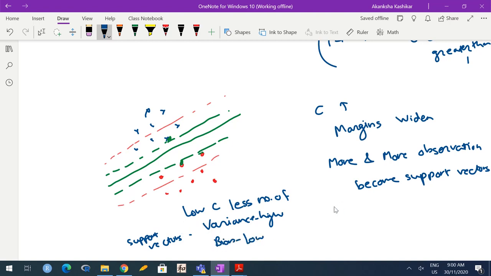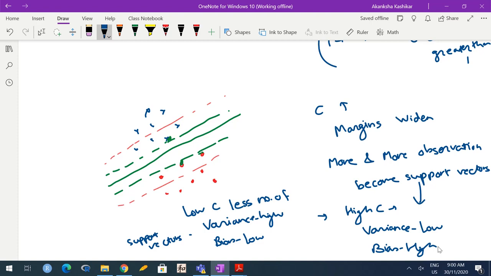On the other hand, if my C is high, then I have more observations which become support vectors. So changing one or two may not affect my final equation that much. So variance is low and bias is high, because now you are allowing too many misclassifications. Hence, C acts like usual tuning parameters.